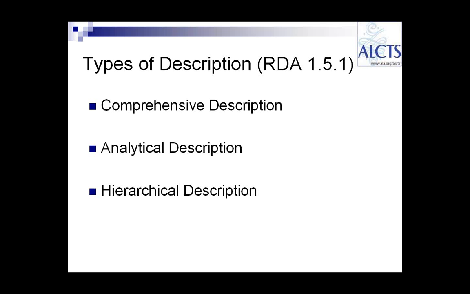And then the final type is the hierarchical description, where you're going to catalog the resource as a whole and the parts together. Okay? So that's a much more detailed type of description. That is the first decision you need to make: what type of description is needed?